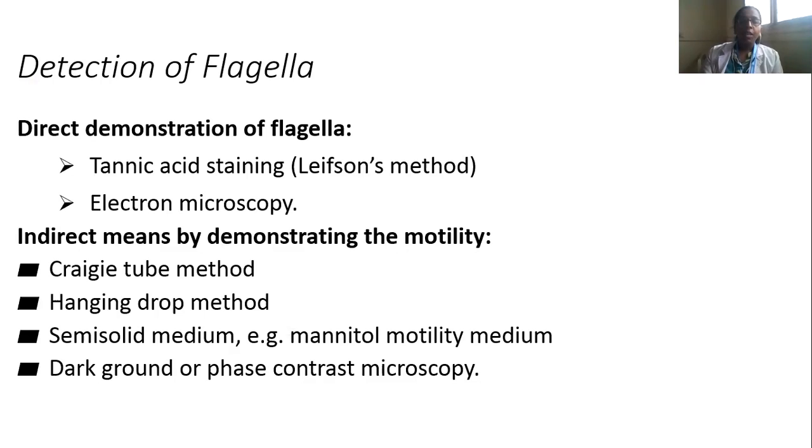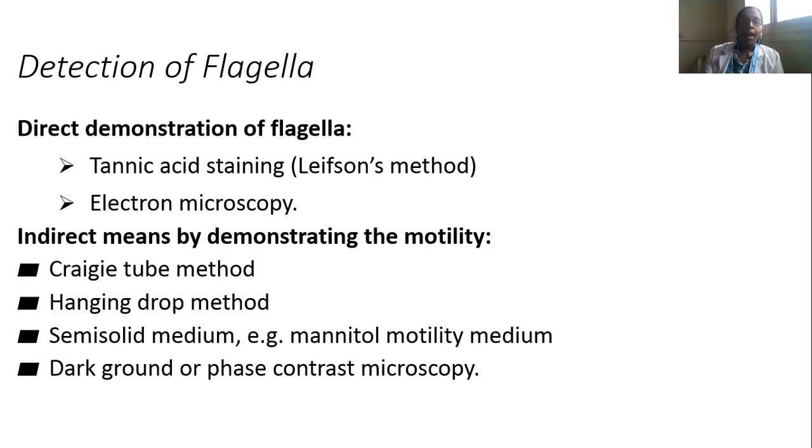If we incubate, we can see the motile strain growing outside, because of movement. That can be demonstrated by the Craigie's tube method.